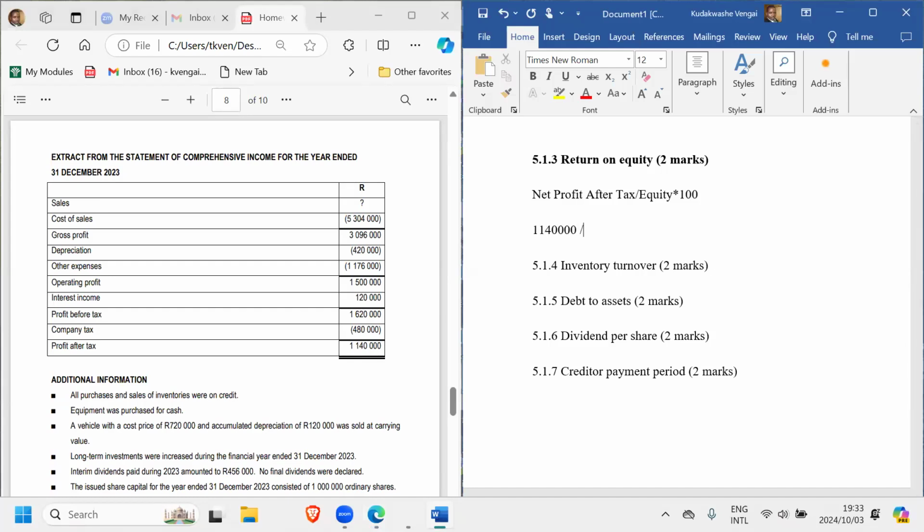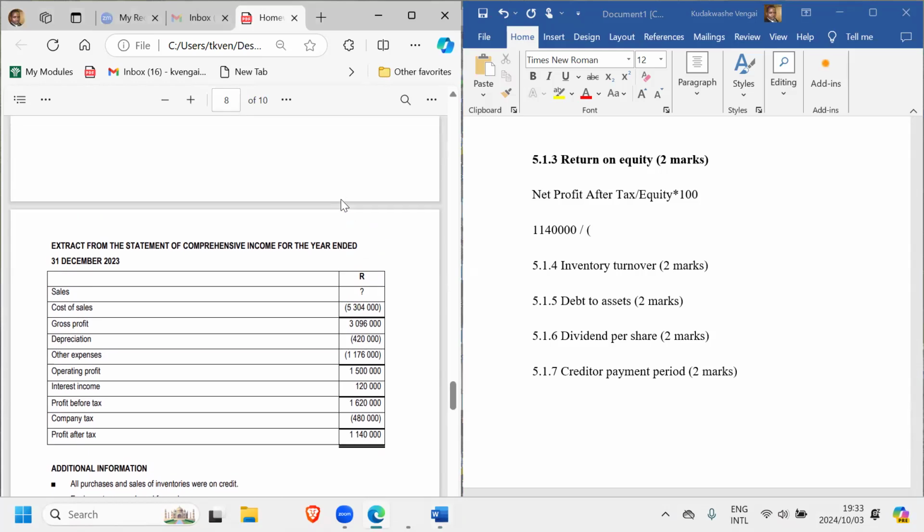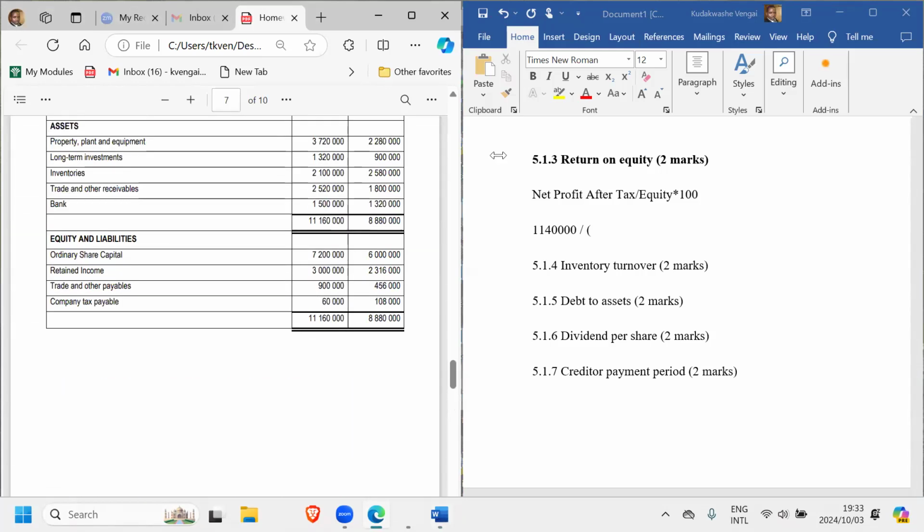1,140,123 divided by equity. So you need to know what is equity. Equity is made up of your shareholders' capital and your retained income. So your ordinary share capital of 7.2 plus your retained income of 3 million. That's your equity. All of that multiplied by 100.